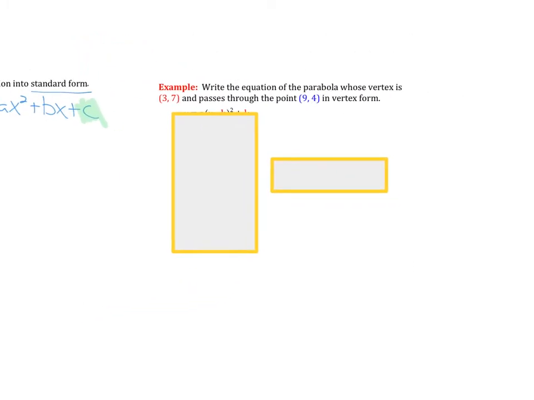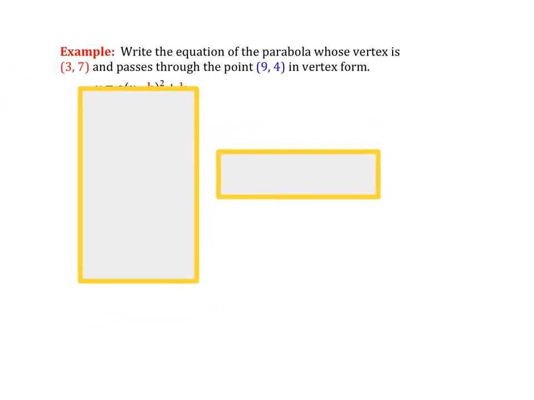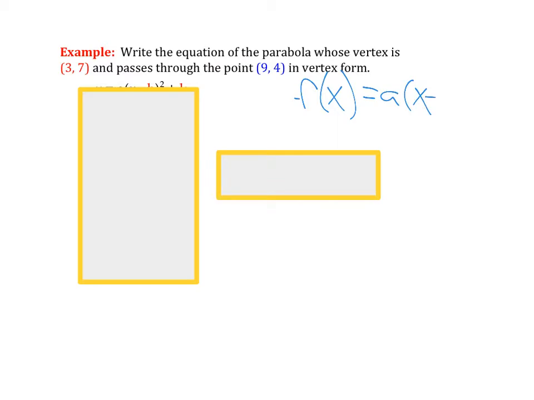We want to write the equation of a parabola whose vertex is 3,7. If they give me the vertex, they are giving me permission to use vertex form. I now have permission to use this form because I have values for h and k to plug in. So let's see here.